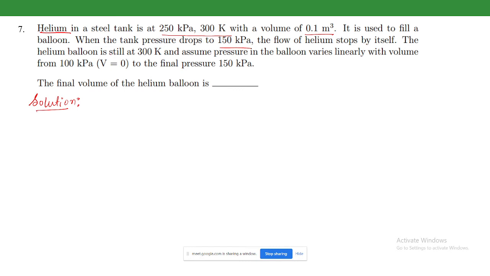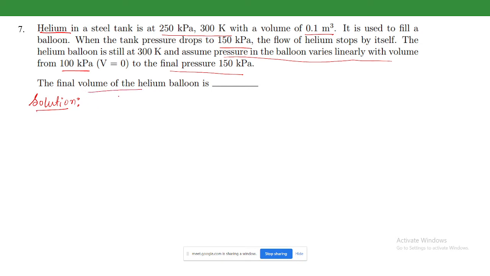The helium balloon is still at 300 Kelvin, and we are to assume that the pressure in the balloon varies linearly with the volume. Before the balloon starts to inflate, the pressure is 100 kPa, and finally the pressure is 150 kPa. We have to find the final volume of the helium balloon.